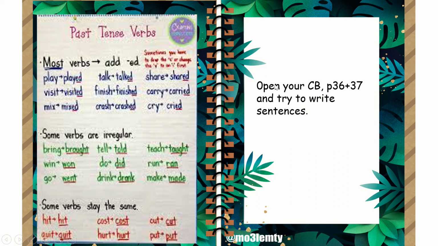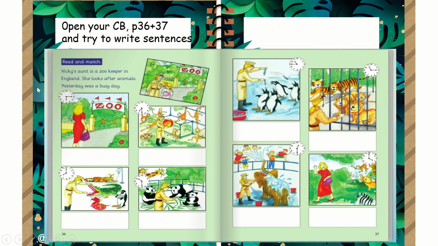Now I want you to open your class book, page number 36 and 37, please. And I want you to try to write sentences. Let's see this page. Here we have read and match. Let's read this first. Vicky's aunt is a zookeeper in England.